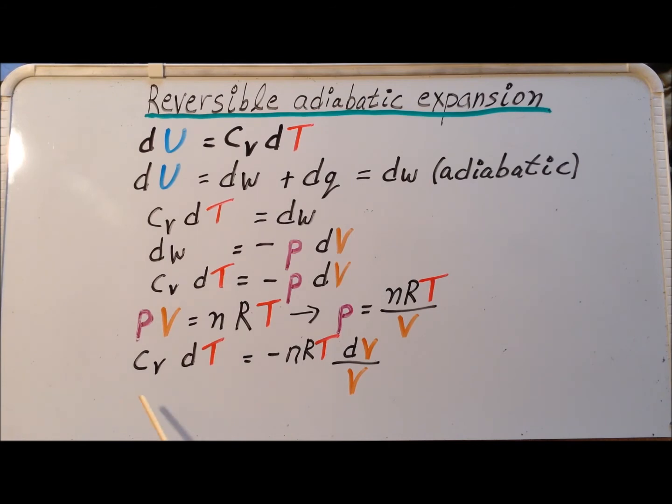Thus we have Cv times dT equals minus nRT dV over V.